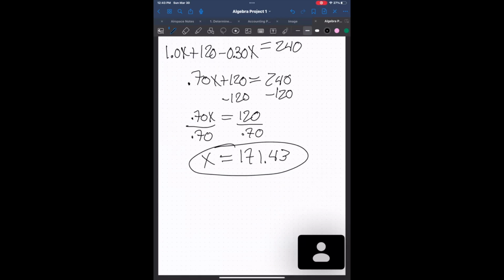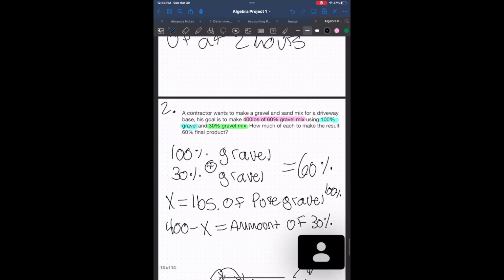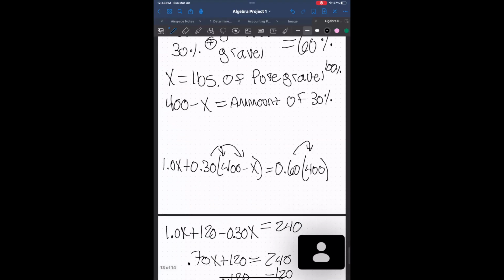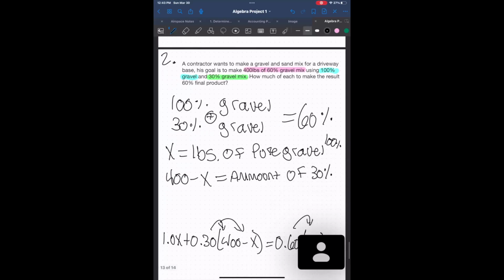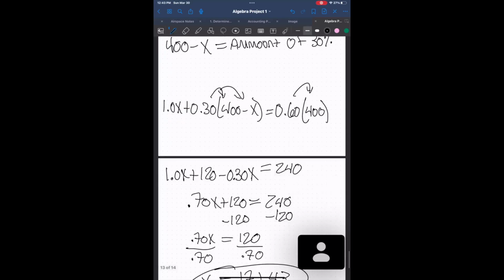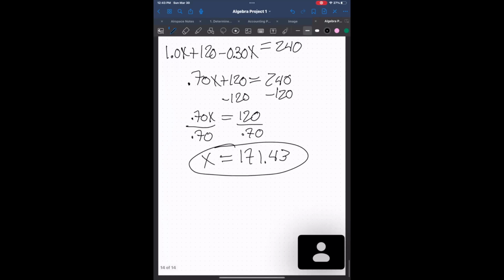Now, x is the amount of pure gravel. So we already know that it's 171 percent.